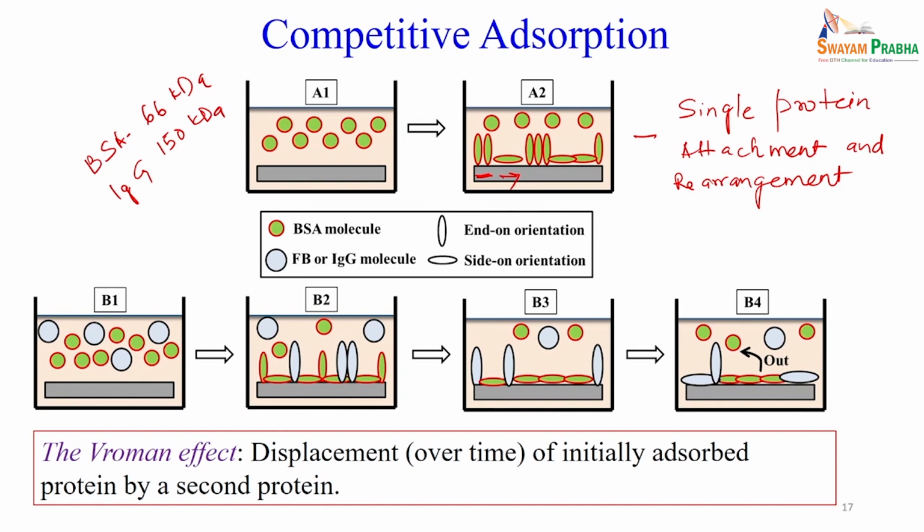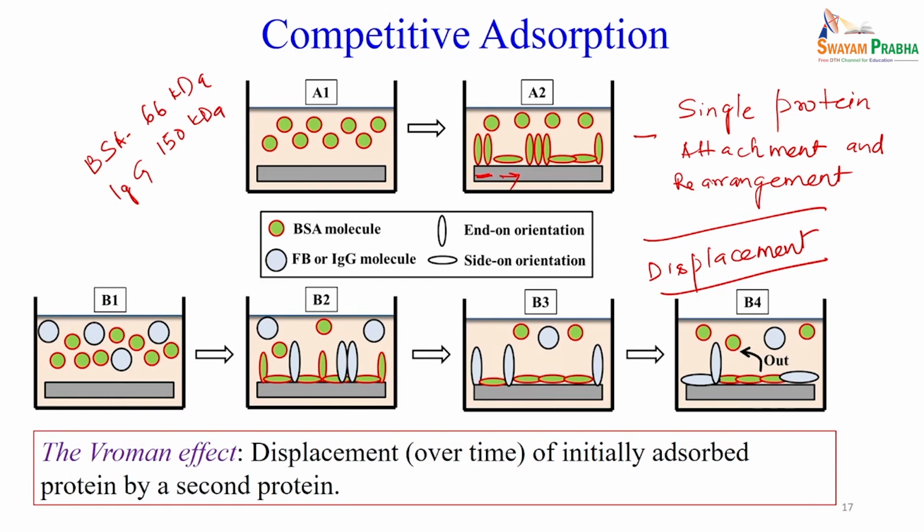So, the one extra step during the competitive adsorption process is displacement. And that displacement depends on the affinity of the smaller protein with the surface, as well as which one is the smaller protein or the larger protein.